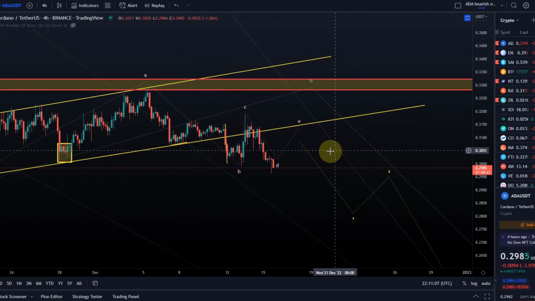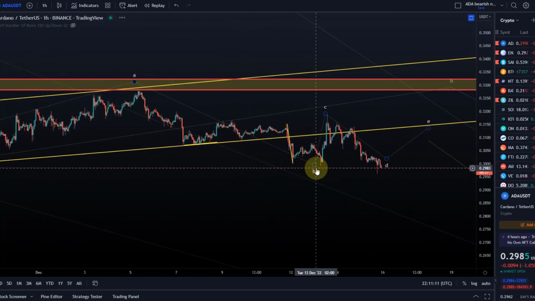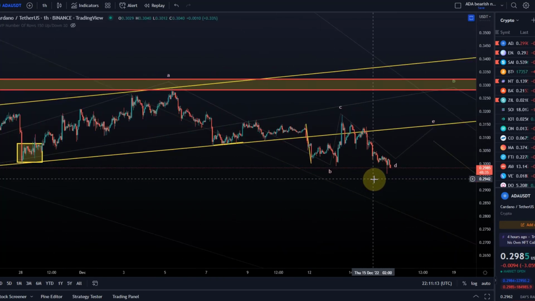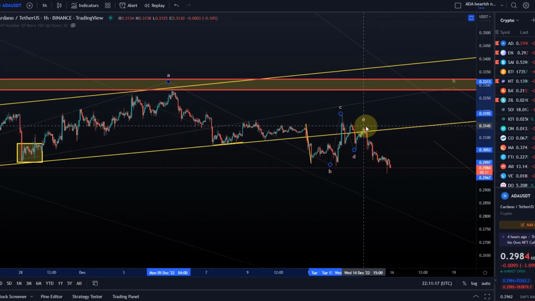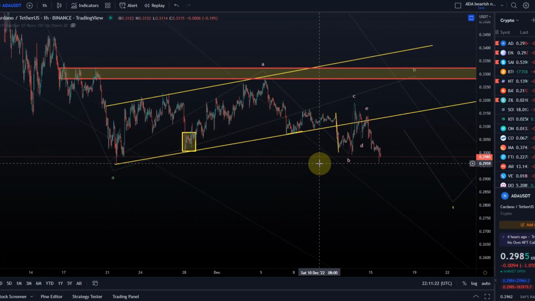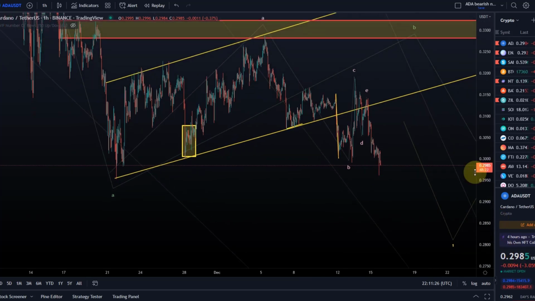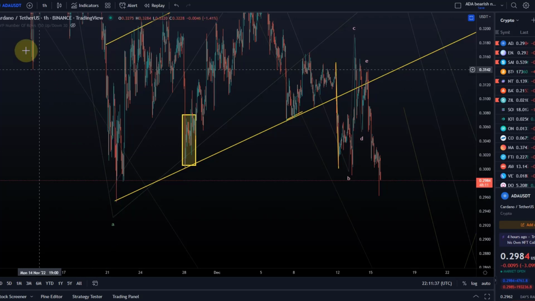So what we have to assume is, and I need to go to the 1 hour chart for that, just have to change the triangle count a little bit, but I would have to assume wave D was actually in here, wave E here, and we are now breaking down. This, however, is not entirely confirmed yet, but it would be if we break below that swing low at 29.5 cents, the swing low from Monday, the 21st of November.